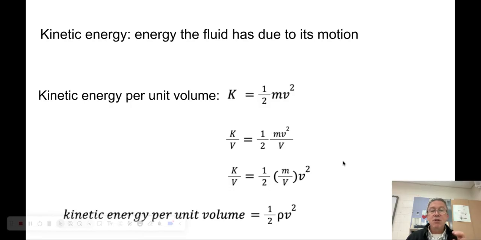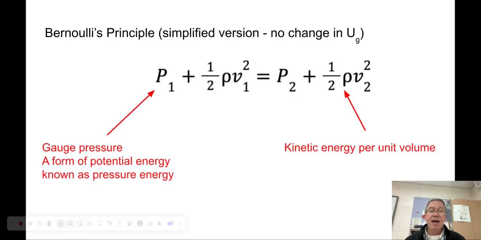Okay, so now I have two things I'm going to be using in Bernoulli's principle. I have pressure energy per unit volume, P, and I have kinetic energy per unit volume, which is going to be 1/2 rho times velocity squared. So now let's just lay it out. This is the same thing as saying U_G plus K equals U_G plus K. That's all it's saying.